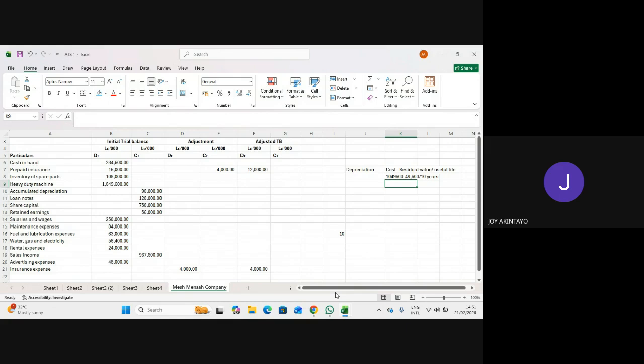What is your value? That would be 1 million, 1 million divided by 10.